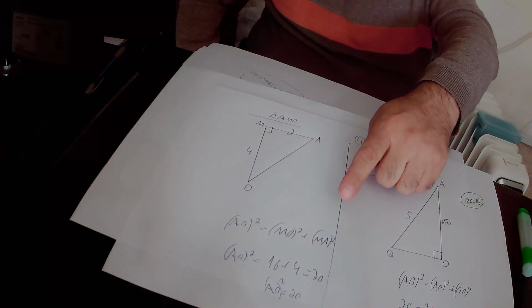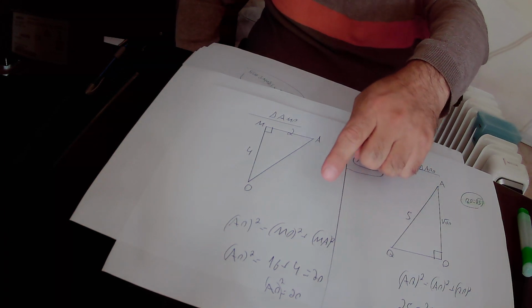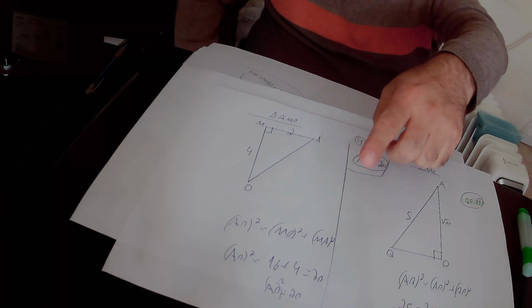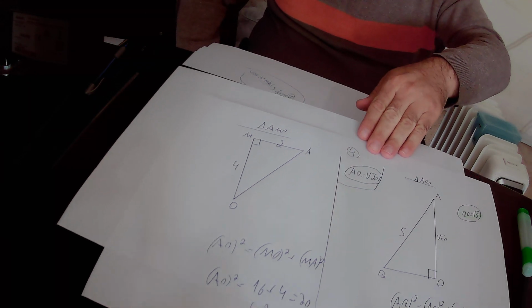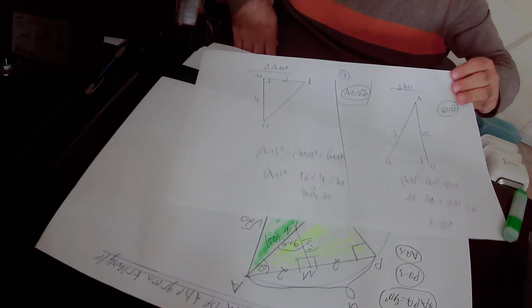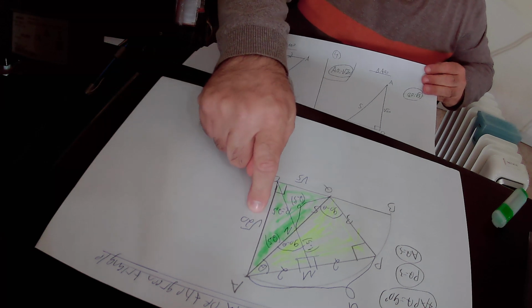AM is 2, therefore AM square is 2 square, that is 4. So AO square equals 16 plus 4, which is 20. Taking the square root, we find that AO equals the square root of 20 units.